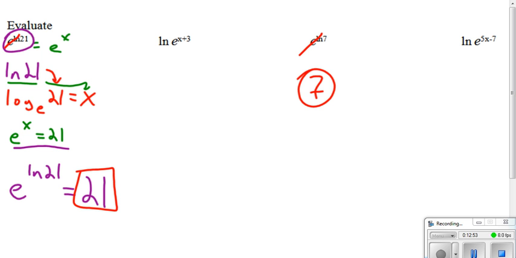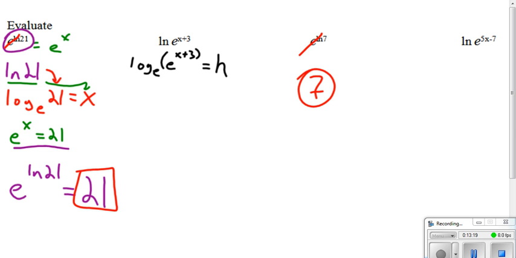Nice and easy. Same thing here. What does ln of e to the power of x plus 3 mean? Well, again, ln is like a log base e of e to the power of x plus 3. So what it's saying is this value, let's set it equal to h.